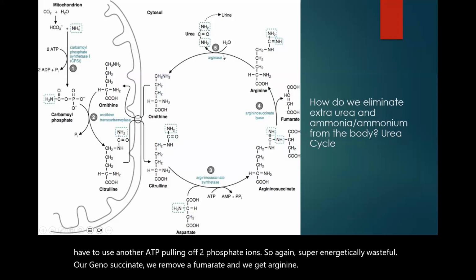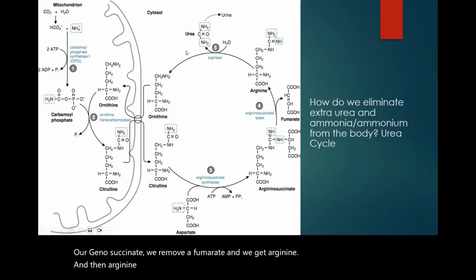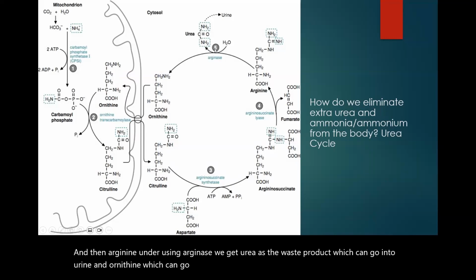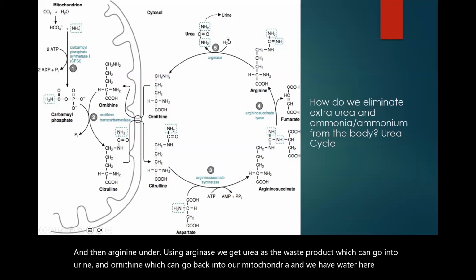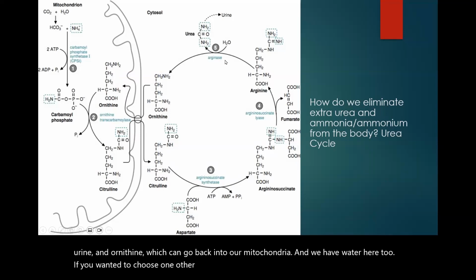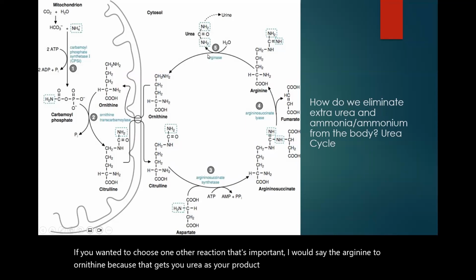And then arginine, using arginase, we get urea as the waste product, which can go into urine, and ornithine, which can go back into our mitochondria. And we have water here too. If you wanted to choose one other reaction that's important, I would say the arginine to ornithine, because that gets you urea as your product. So your first and your last reaction, those would be the 2 I would think about.